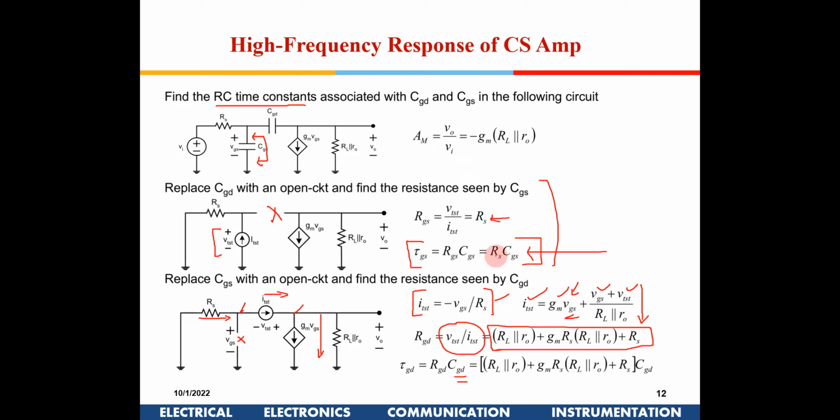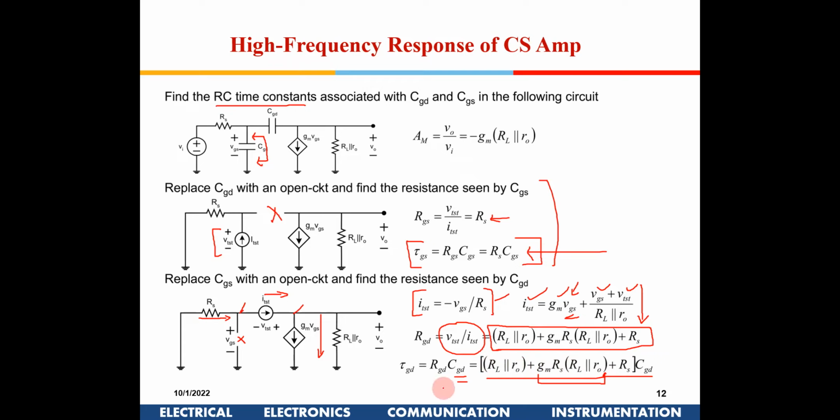So this is the first pole, RS into CGS, and the second pole is this, the RL parallel to R0 plus GM. Now, if you see in this equation, this is very much higher than corresponding to these RL parallel to R0 and RS.